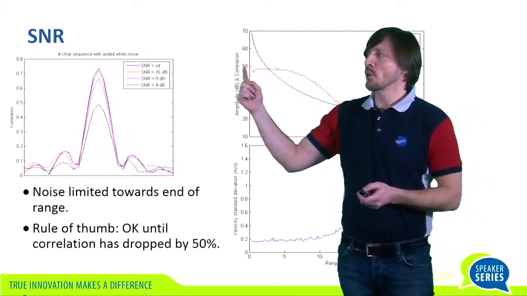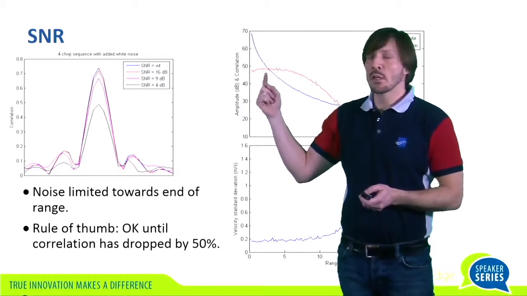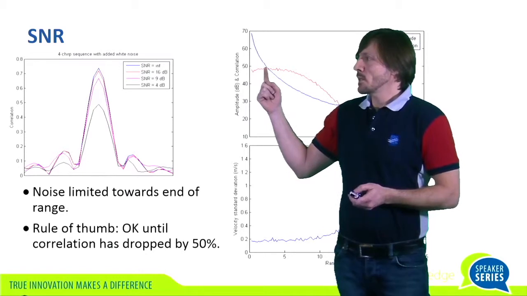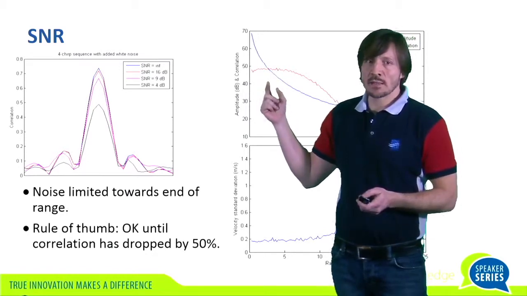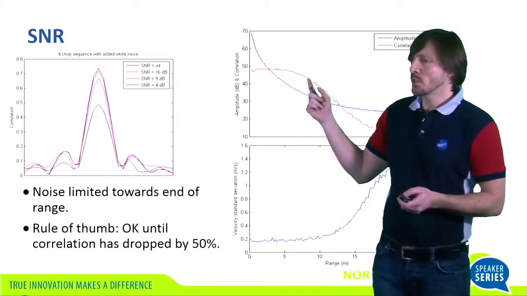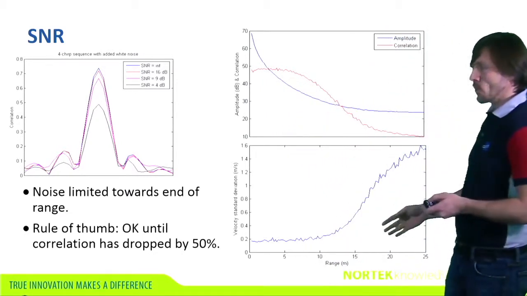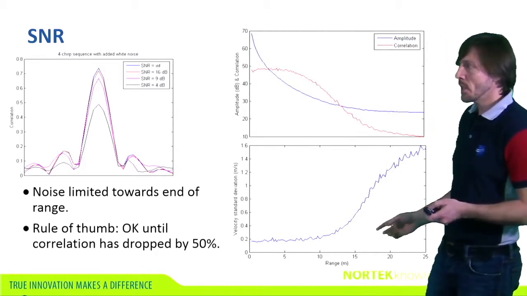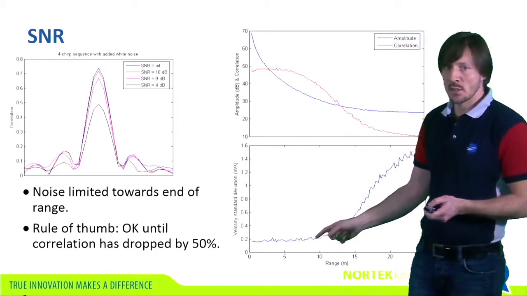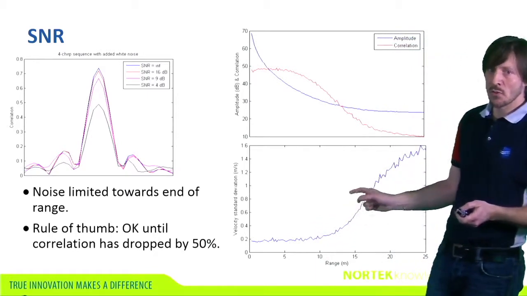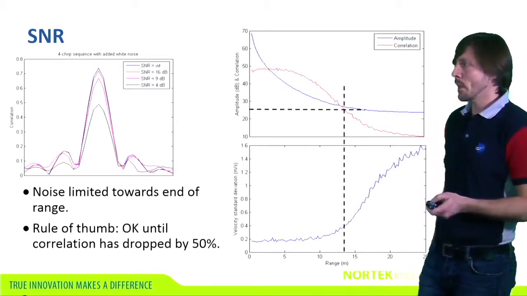This is the nominal value for this particular setup, a value around 50, and it stays flat in this portion where the system is not noise limited. Then there's a transition to a noise limited system, and in the lower panel is the standard deviation, which also stays flat in the beginning and then starts to take off as the correlation drops.